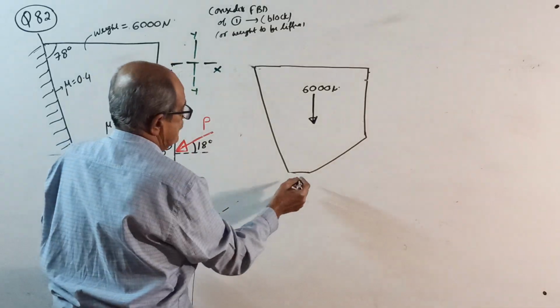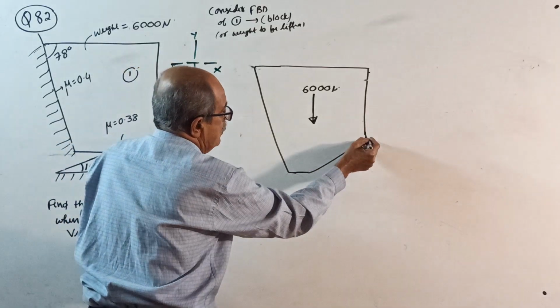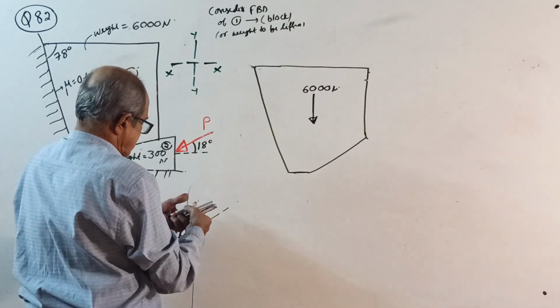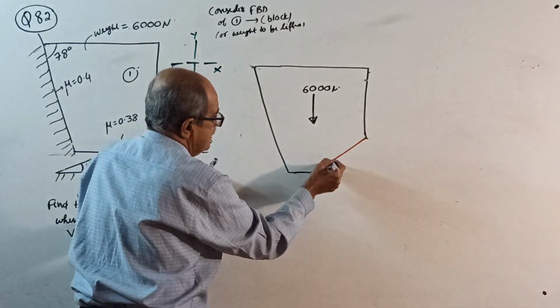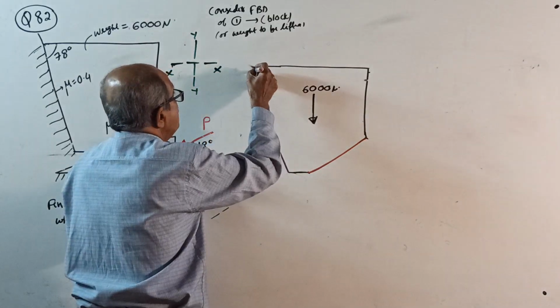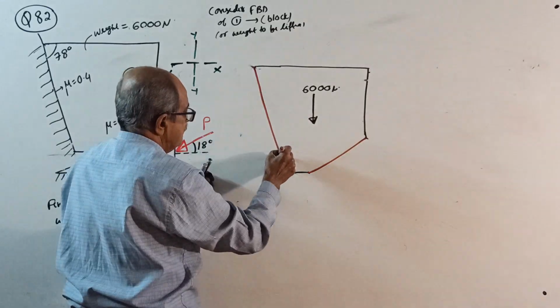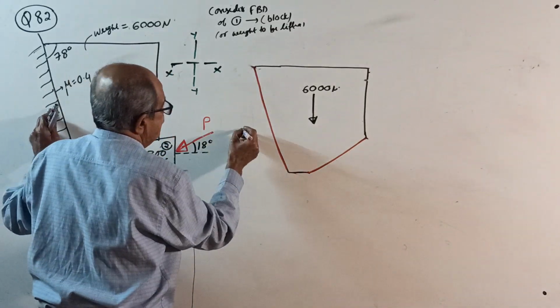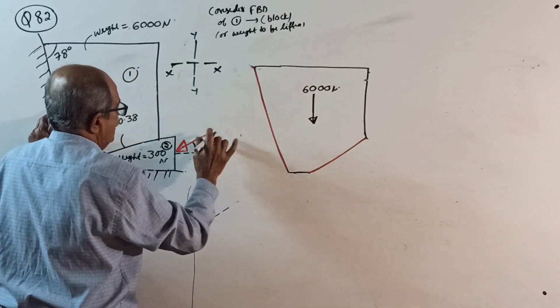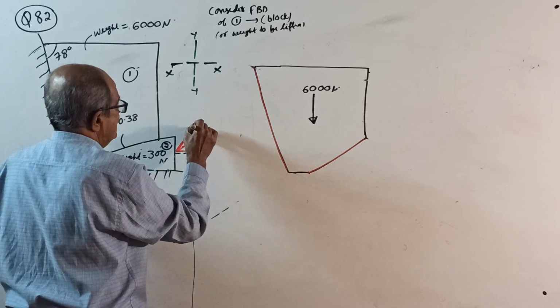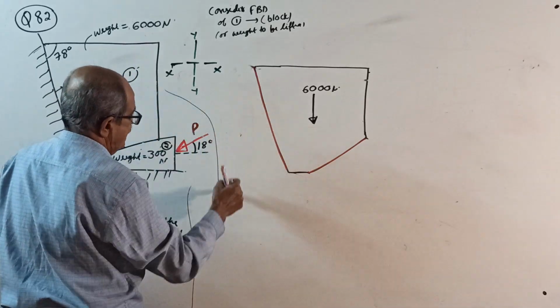Then one contact, I show by somewhat red color. One contact surface here, one contact surface here. This contact surface. Don't see this side now? Okay, I remove this one now, P.